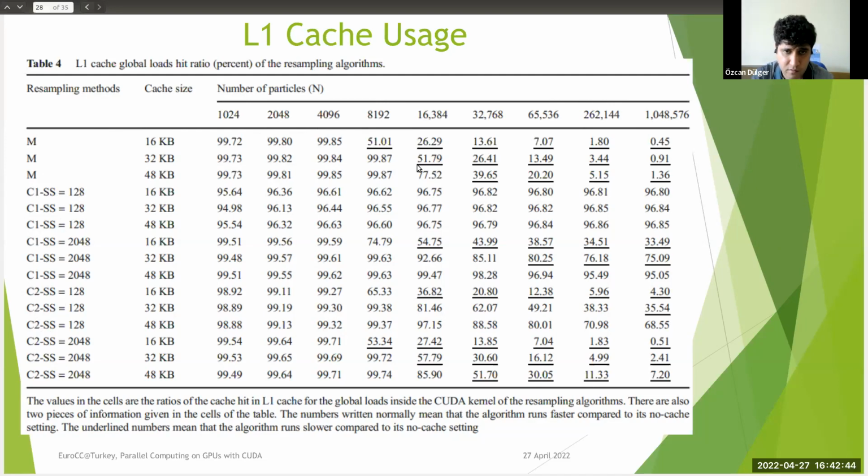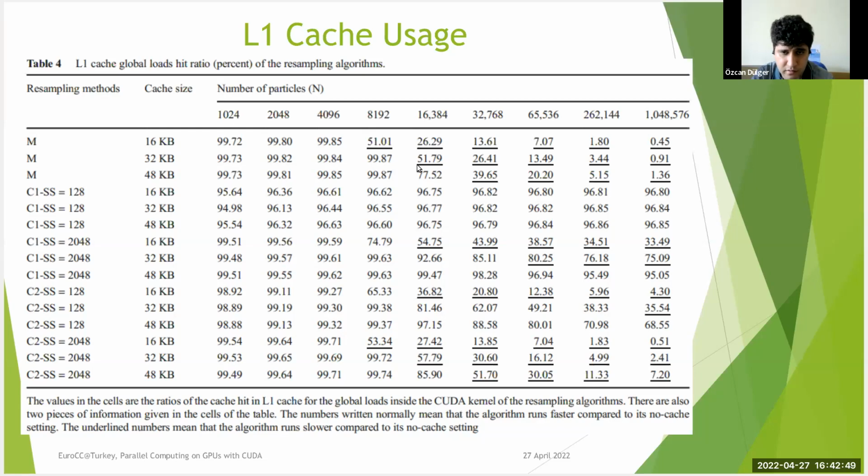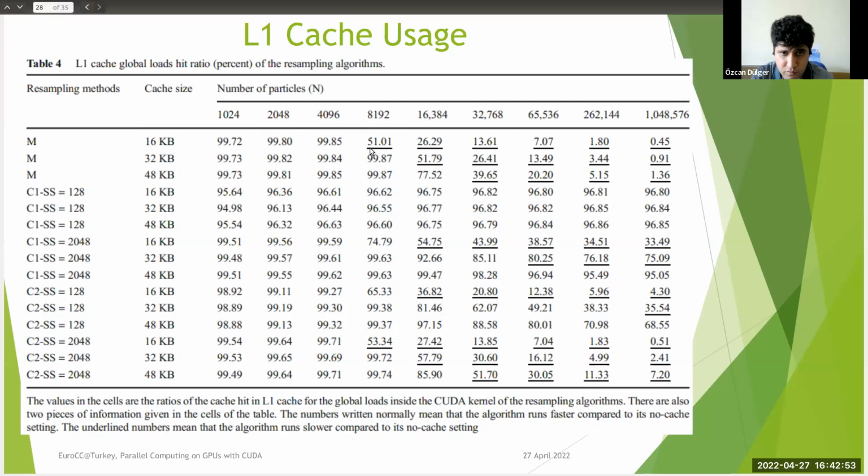That means when we enable the cache, the execution time becomes worse for the values that are underlined. Okay, if it is not underlined, the cache version of the approaches are better than the non-cache version.